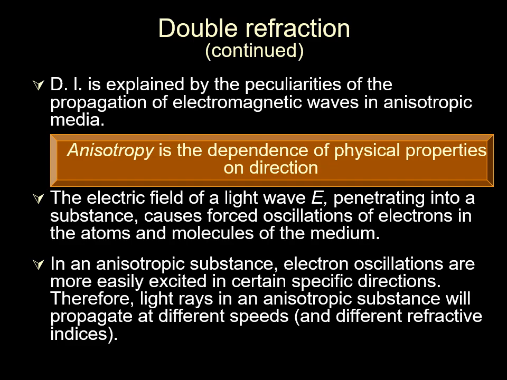Double refraction and refraction on some tourmaline crystals are caused by the interaction of a light wave with a substance. Moreover, these interactions are determined by the isotropy or anisotropy of the substance.